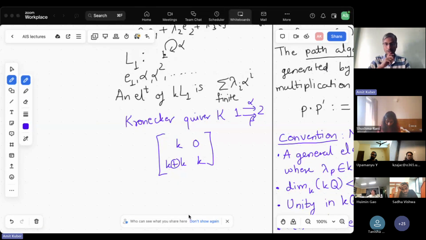There was one more question. You specified the algebra generated by paths of non-negative length. Yes. Don't all paths have non-negative length? Why do you need to specify that? Fine, it's just a way of saying, all paths have non-negative length.